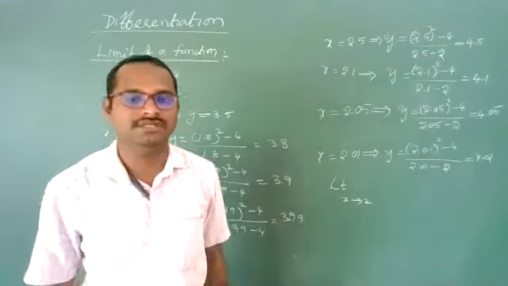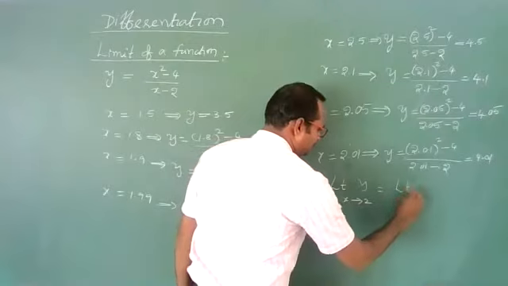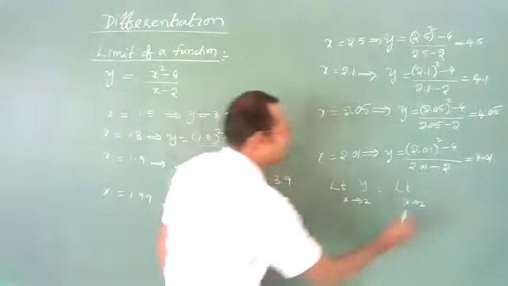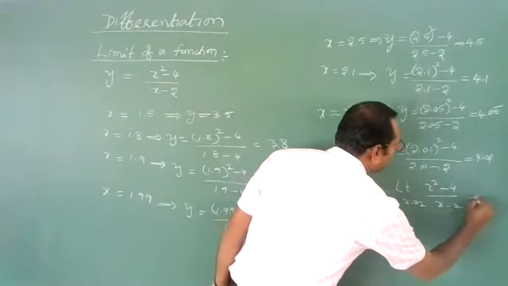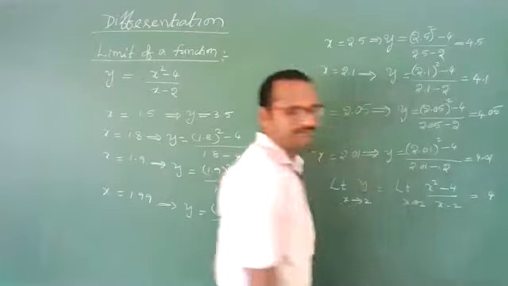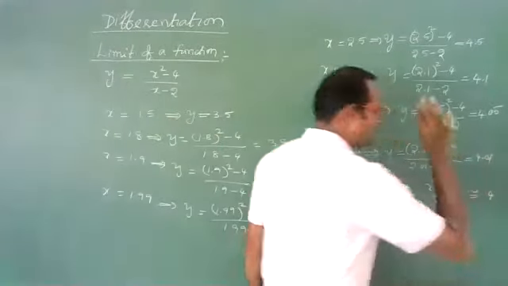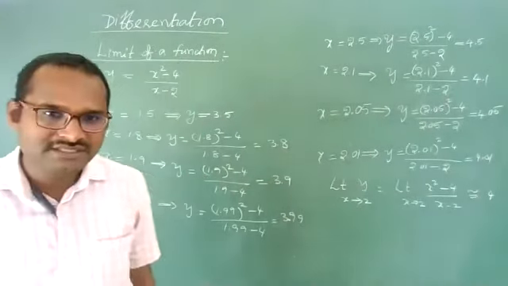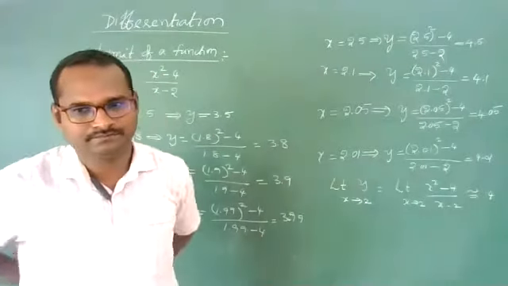In such a case, y is equal to limit x tends to 2 of x square minus 4 divided by x minus 2. The value you will get is almost 4. Clear? This we call the limiting value of a function.